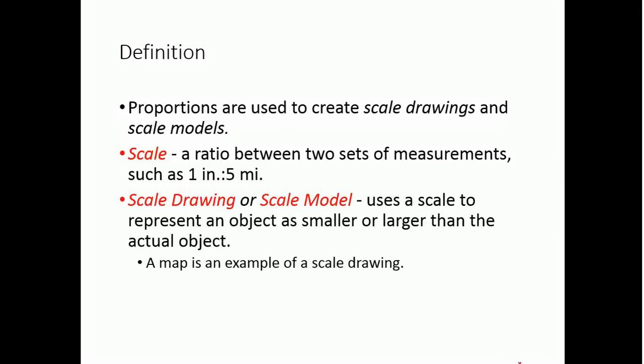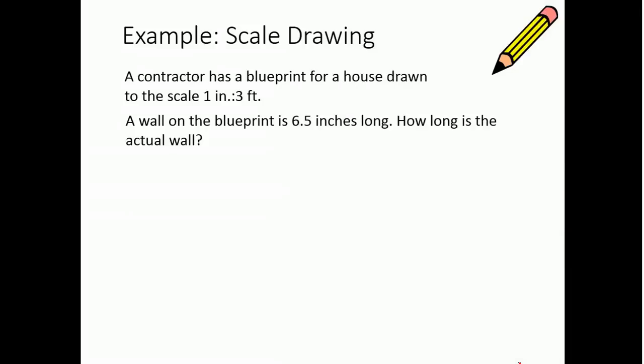Sometimes it's like 1 inch is 0.5 meters, or 1 inch is 5 feet. Sometimes this is even on your normal maps. It will say 1 inch is 5 miles or something like that, so that they don't have to draw a whole bunch, and you can still tell how long that actually is. So let's try a few examples.